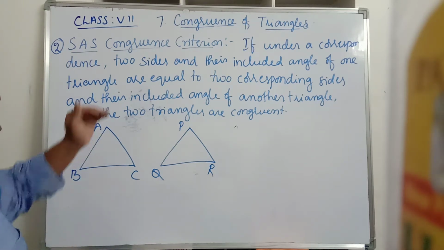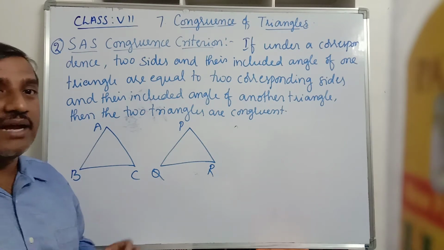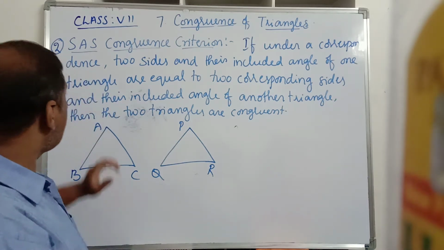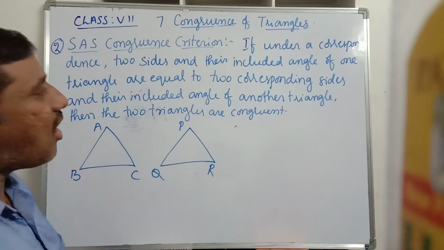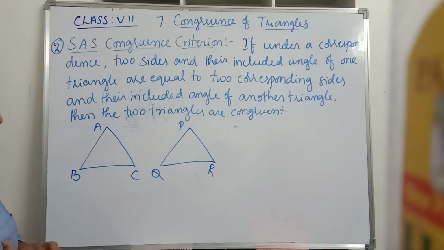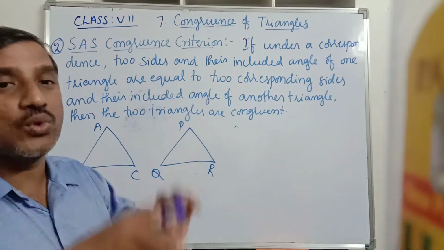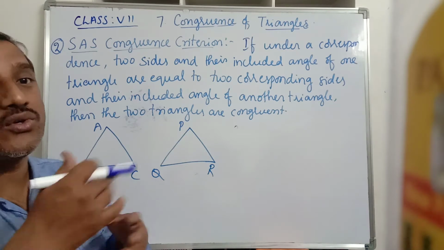The SAS congruence criterion states that if under a given correspondence, two sides and their included angle of one triangle are equal to two corresponding sides and their included angle of another triangle, then... See here, included angle means the angle formed by those two sides.